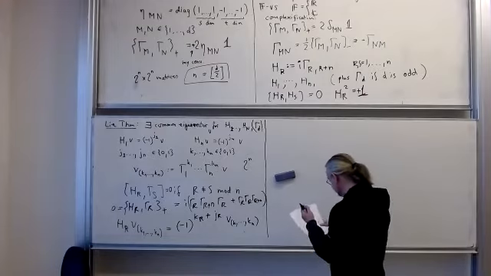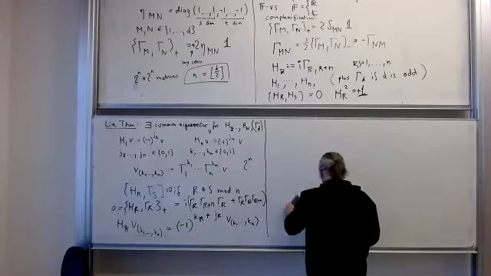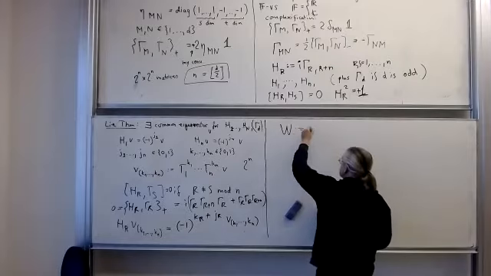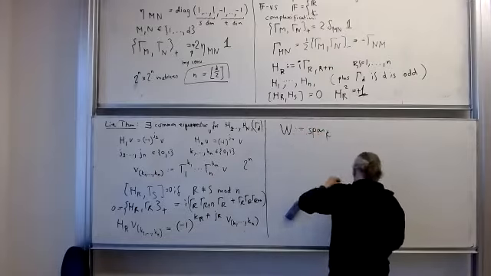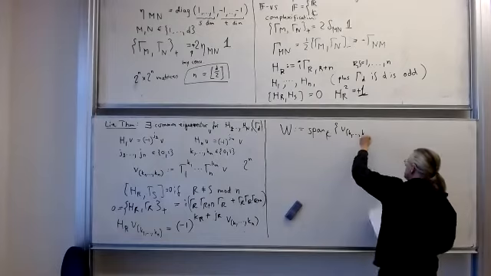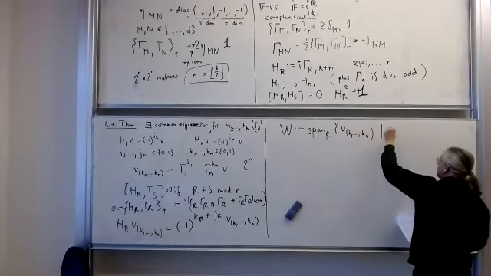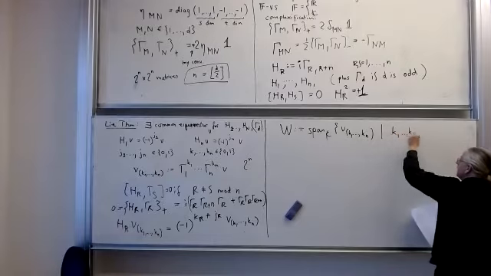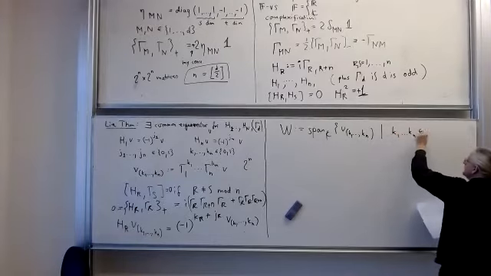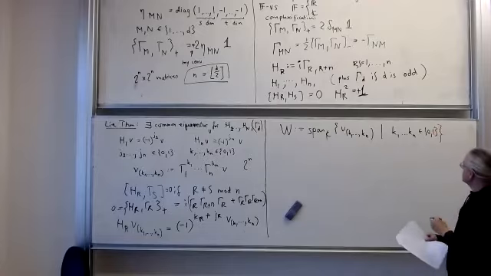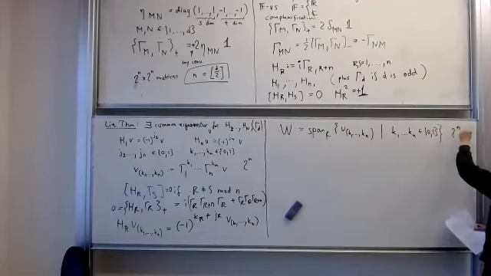And then the point is now that we can look at W as the complex span of these eigenvectors V_{k1} up to V_{kn}, where the k's run through these binary numbers, 0 and 1, like this. So that's a 2^n dimensional space.